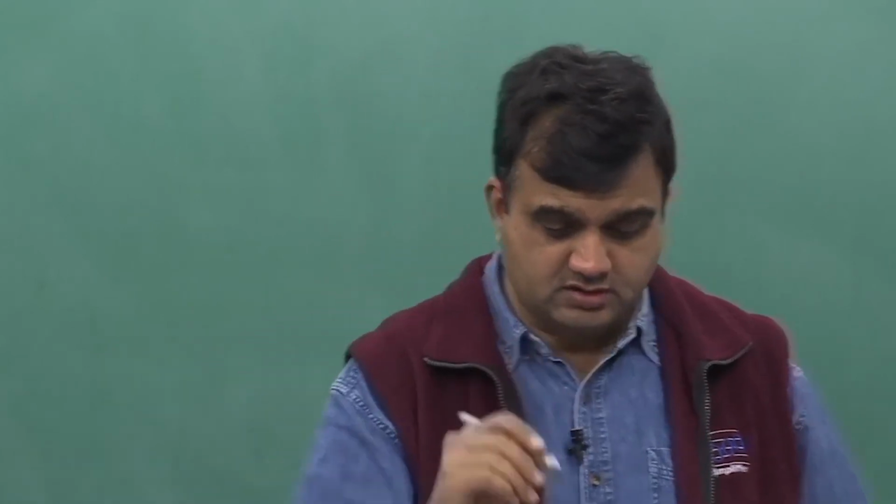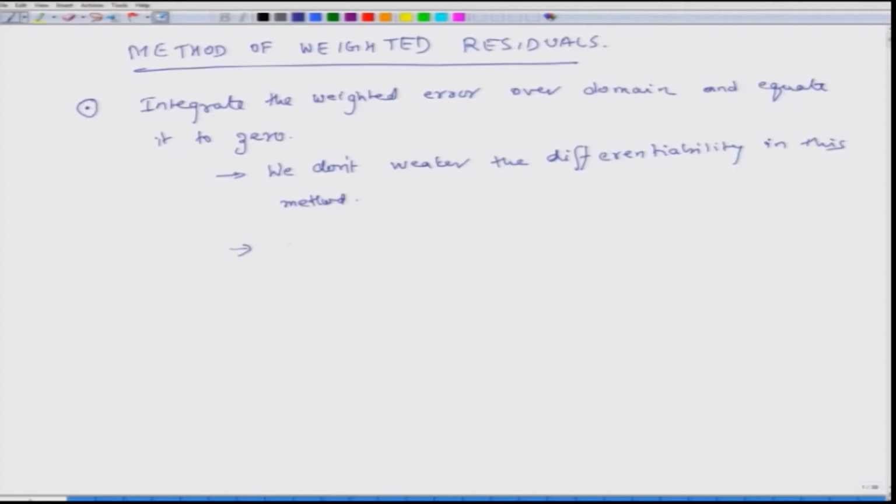This is very important. So, our approximation functions should satisfy both essential boundary conditions and natural boundary conditions.